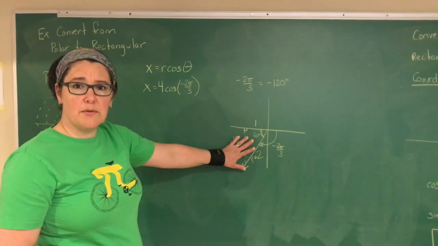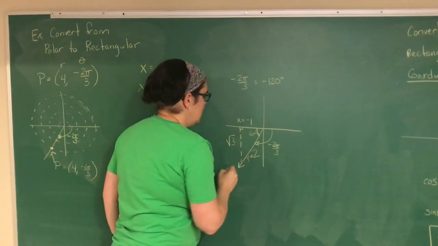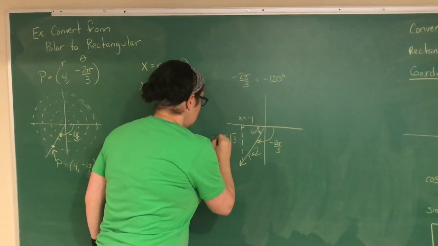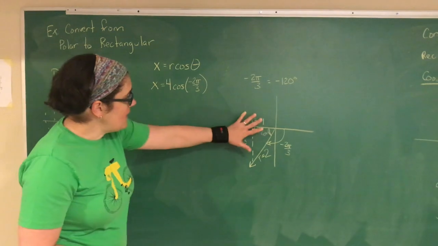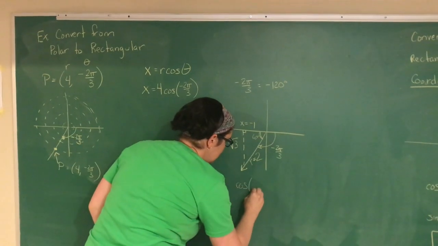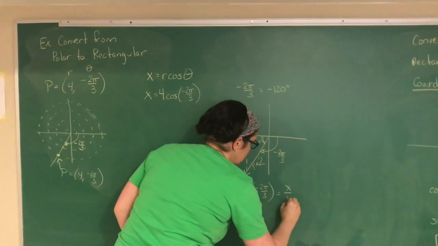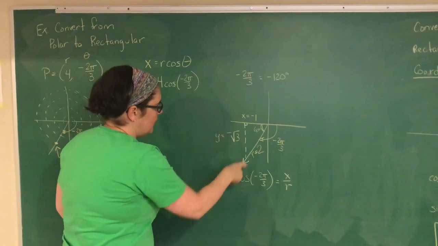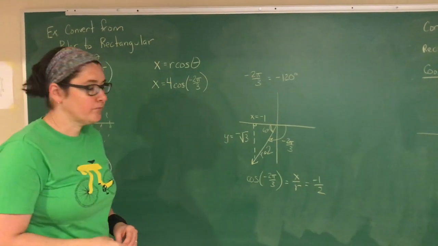We're in quadrant 3, so the x value will be negative, and the y value will also be negative. Okay, so now I have my three sides, and the cosine of negative 2 pi over 3 is going to be x over r, which will be negative 1 over 2.